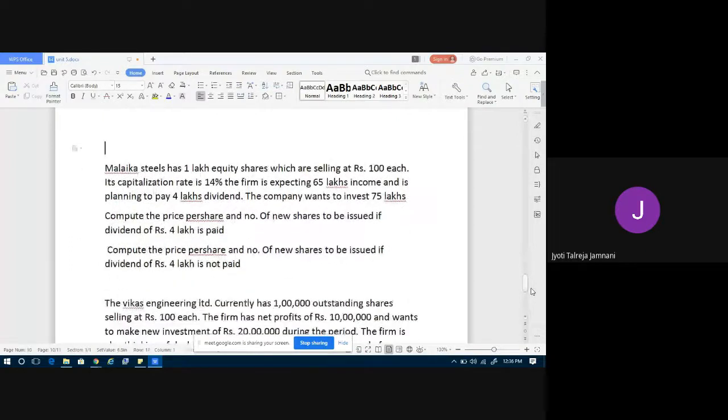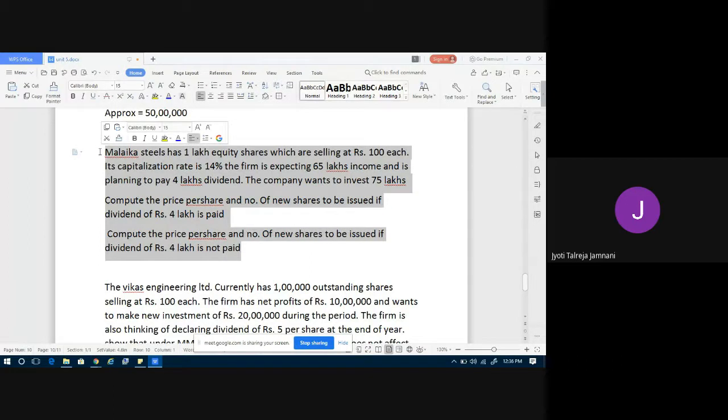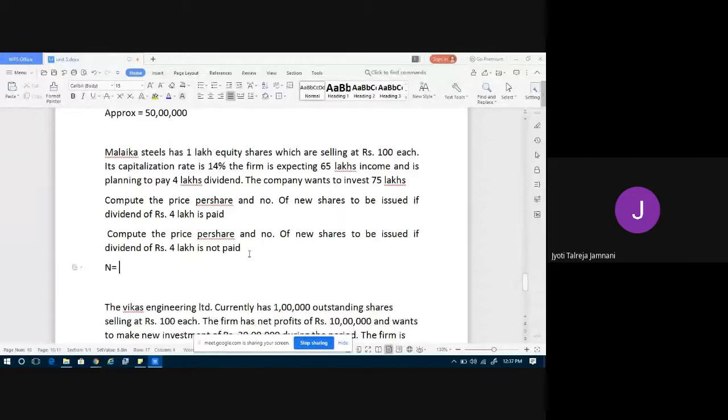Now, one more sum I will show you. Here also the question is being twisted a little bit. Malaika Steels has 1 lakh shares outstanding. So we'll first write down what all is given. N is equal to 1 lakh.